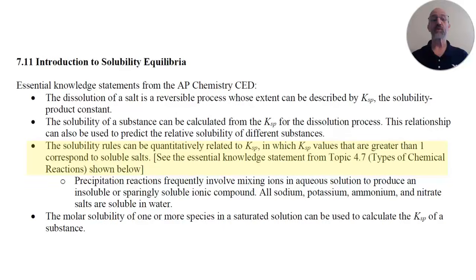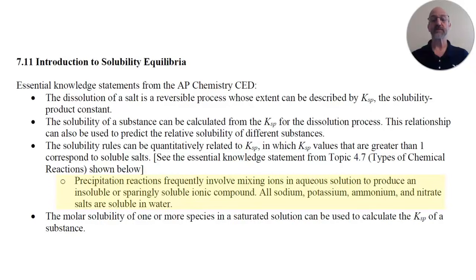The solubility rules can be quantitatively related to KSP, in which KSP values that are greater than 1 correspond to soluble salts. See the essential knowledge statement from topic 4.7, Types of Chemical Reactions, shown below. Precipitation reactions frequently involve mixing ions in aqueous solution to produce insoluble or sparingly soluble ionic compounds.